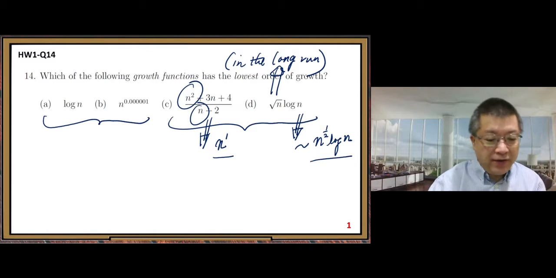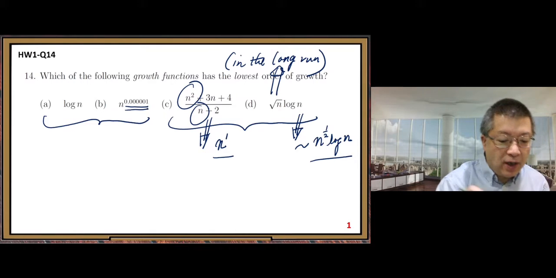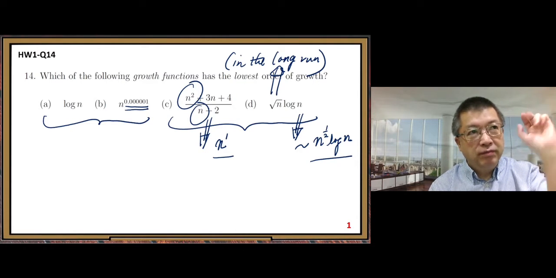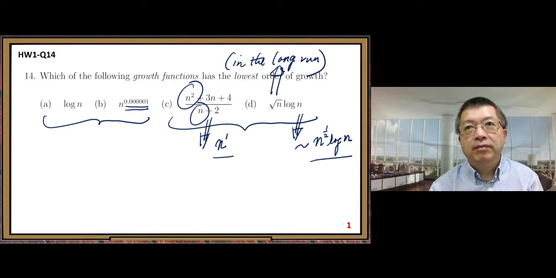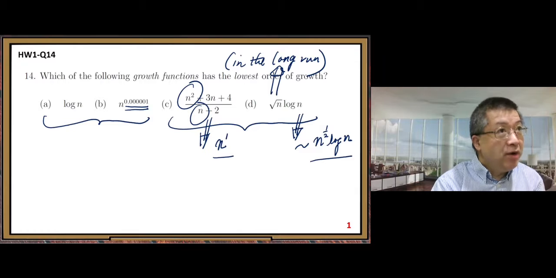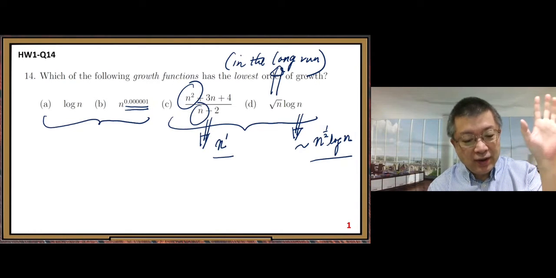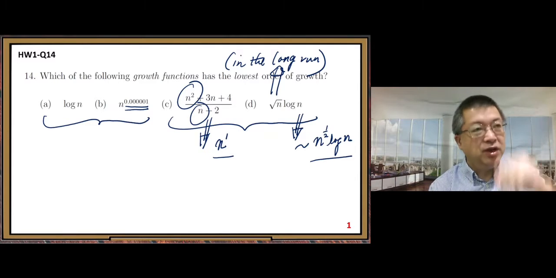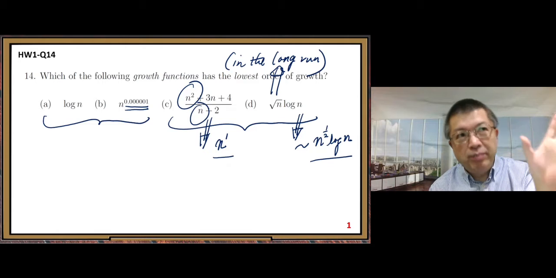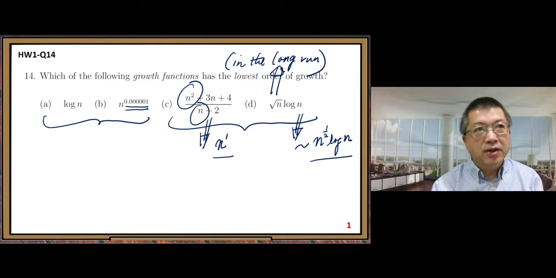Another thing is when you look at the exponent of the power function, the power of n. The exponent is very small: how many zeros after the decimal point? 5 zeros, but there is another position after the 5 zeros, so that is 1/1,000,000th, very small.